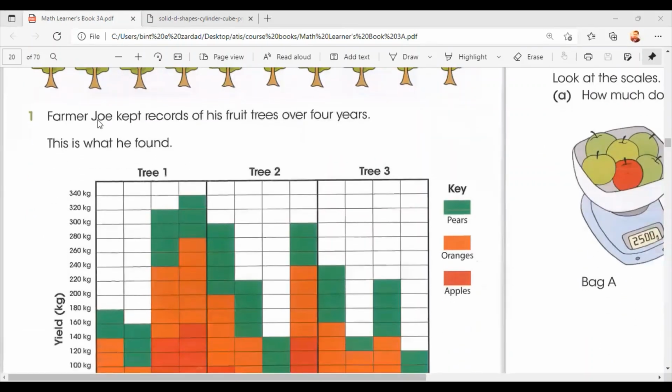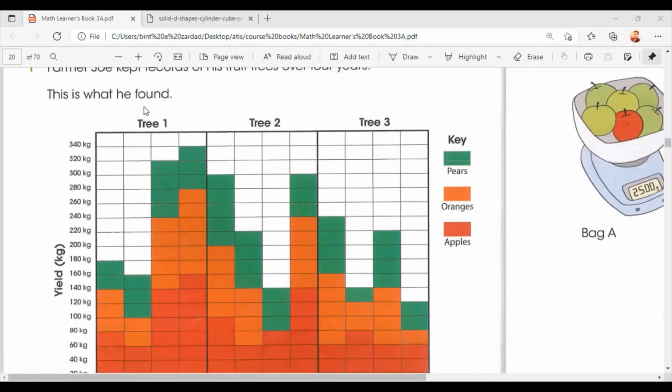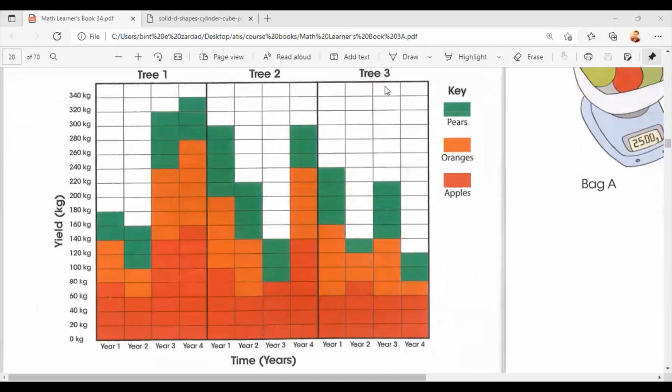Question number 1. Farmer Joy kept records of his fruit trees over 4 years. This is what he found. Tree 1, tree 2, tree 3. Okay, the green color represents pear fruit, orange is orange fruit, and the red one is apple fruit.